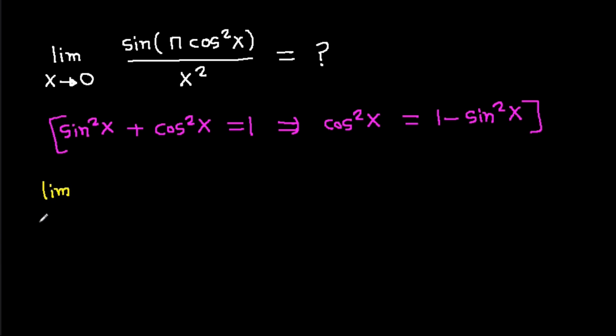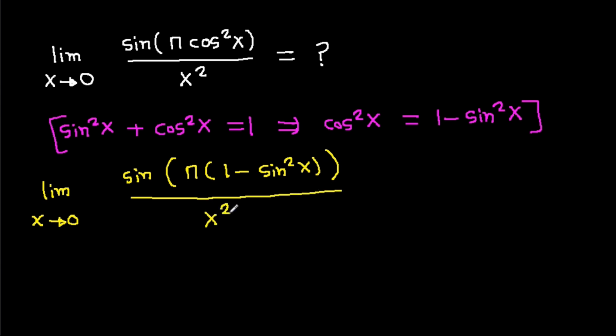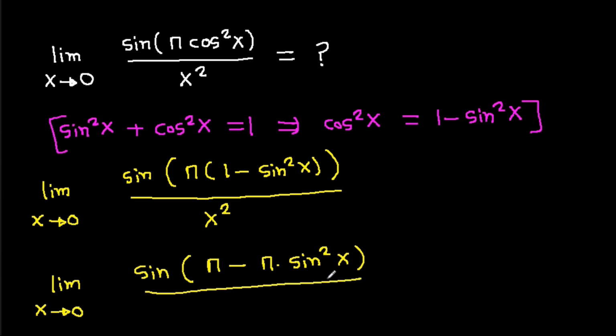So it is the limit as x tends to 0 of sin(π times cos² x, which is 1 minus sin² x) over x², and it is the limit as x tends to 0 of sin(π minus π sin² x) over x².